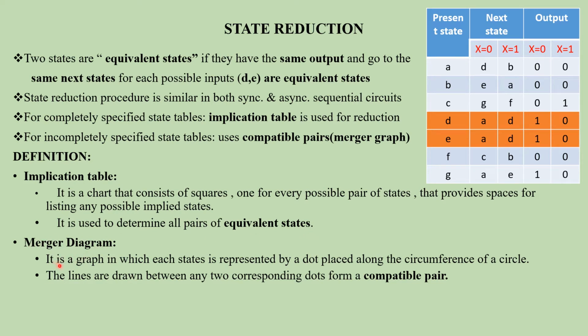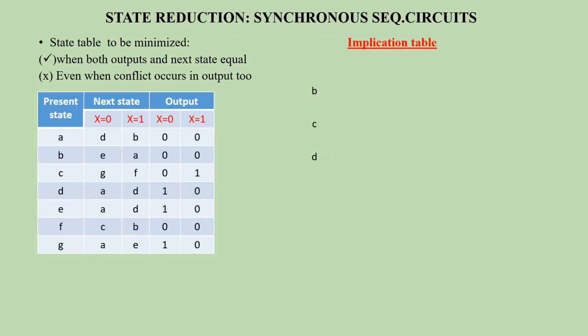What is a merger diagram? It is a graph in which each state is represented by a dot placed along the circumference of a circle. The lines drawn between any two corresponding dots form a compatible pair. We are going to look at these two things very clearly in this session. So let's start with state reduction.